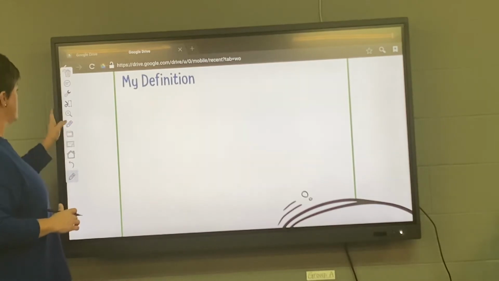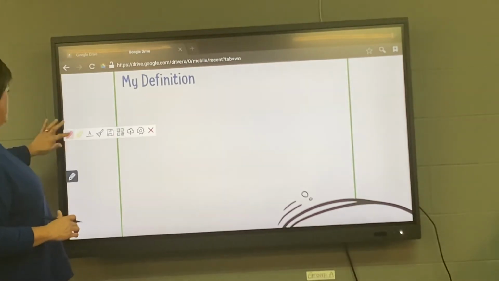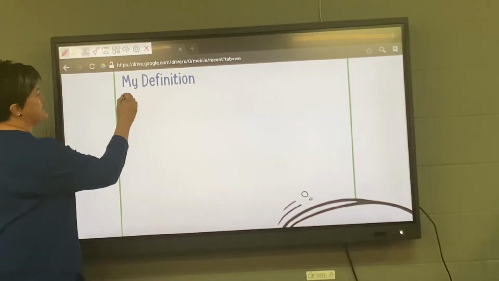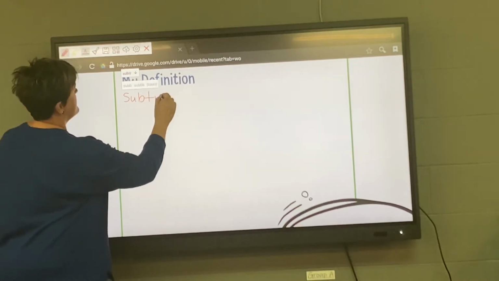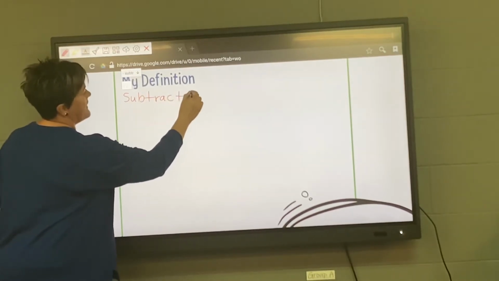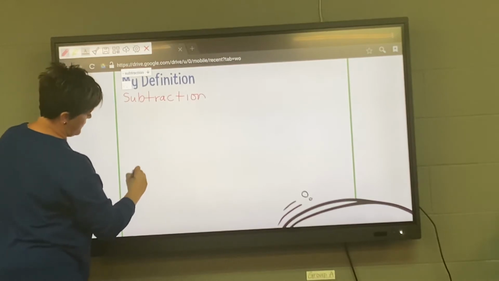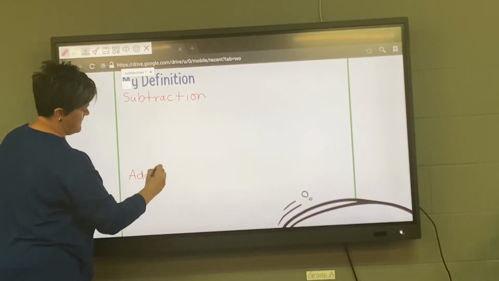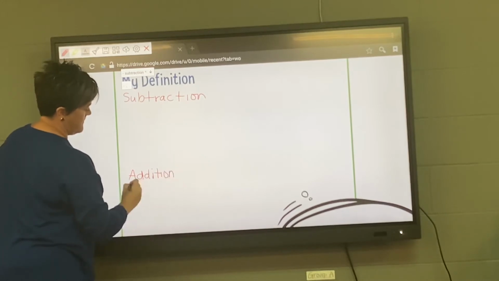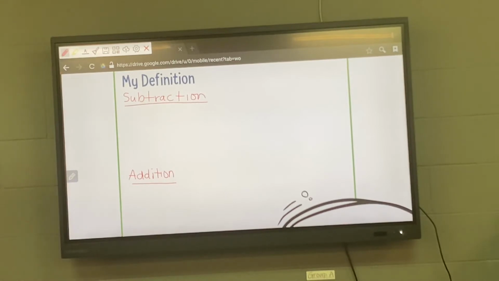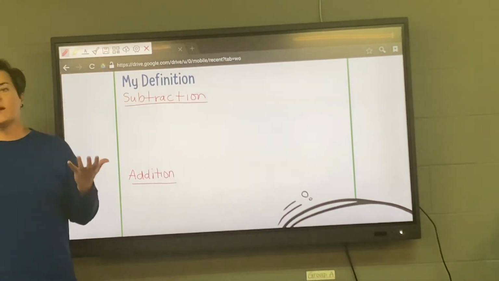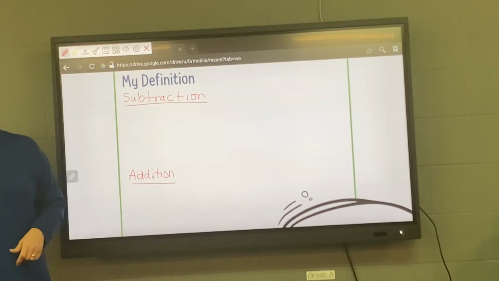So definition of regrouping when we subtract. We'll start with subtraction first, because we are going to fit in subtraction, and we're also going to do addition. Okay. And it's quite simple, really, and you do this without even realizing that you're breaking things apart when you regroup.